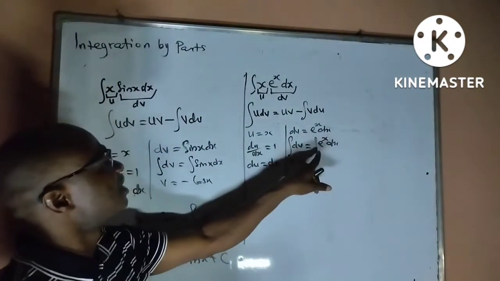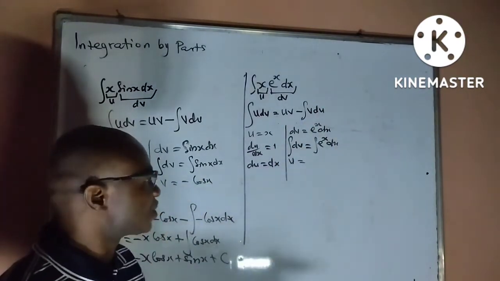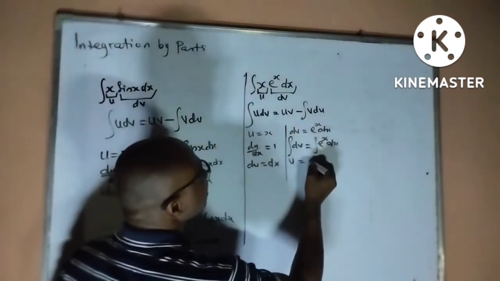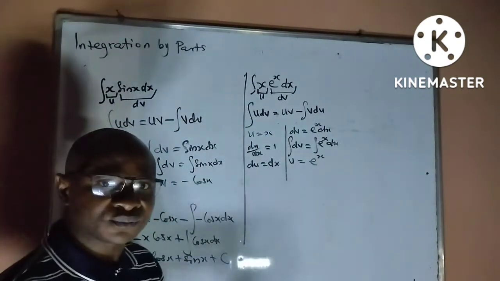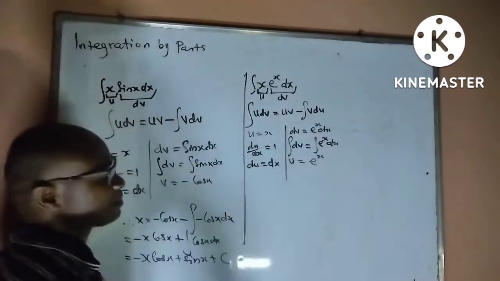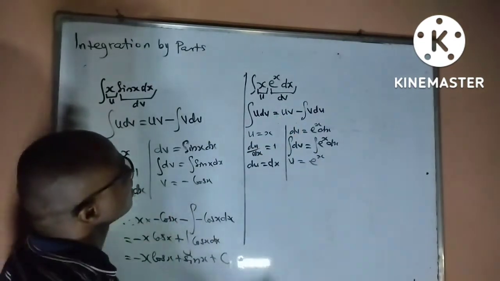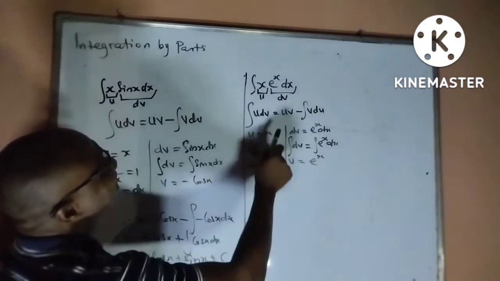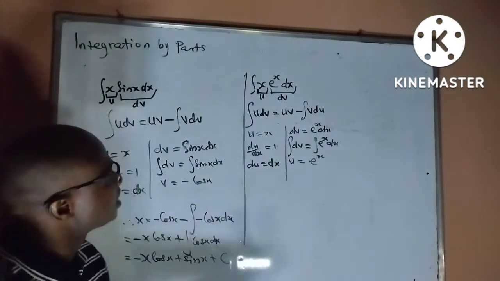And when I integrate e raised to power x, I will get e raised to power x, because that is the integral of an exponential function. So that is going to be e raised to power x. Therefore, also in this question number 2, I know my v in the formula, I know my du also, and I now have my u, which is equal to x.